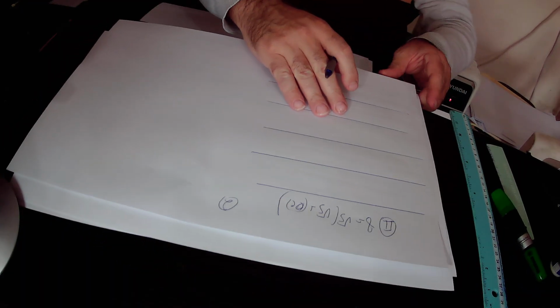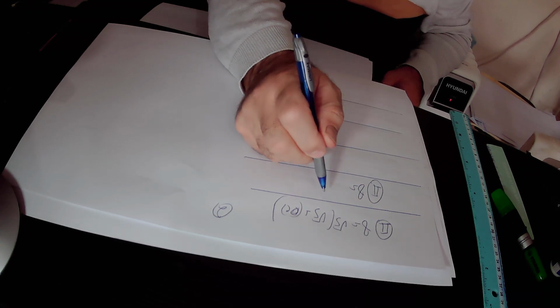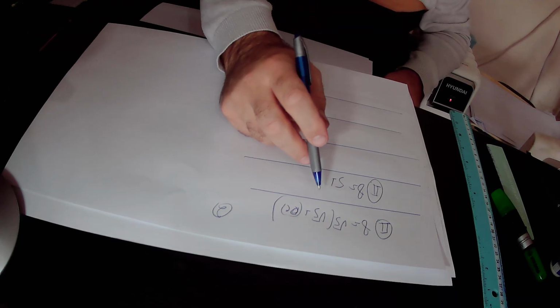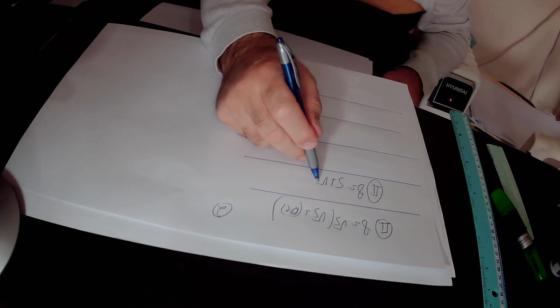So 8, according to equation 2, equals the square root of 5 times square root of 5, which is 5, plus square root of 5 times DC.